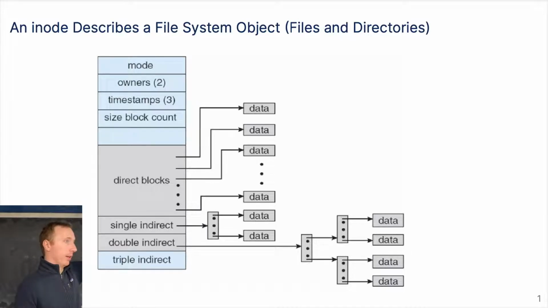Each pointer is 4 bytes, so the total is 60 bytes for all the pointers. The optimization is if it's a symlink and the name it's pointing to is under 60 bytes, it will store the content in the pointers, because it knows if it's smaller than 60 bytes, it doesn't need to grab a block. It can just store the content in the inode itself.